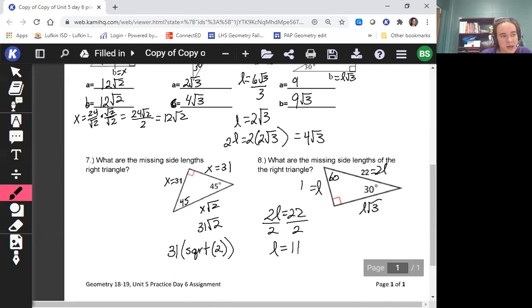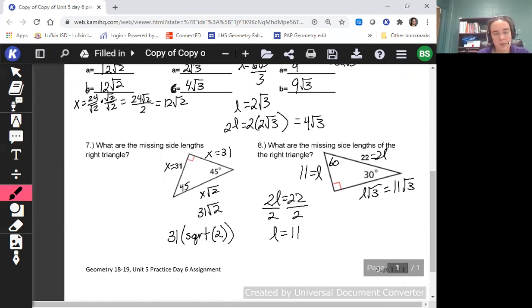That means our short side, L, is 11, and our middle length side is 11 times the square root of 3. Again, remember when you're typing that in on a computer, you do 11 times, parentheses, SQRT, parentheses, 3, closure parentheses.